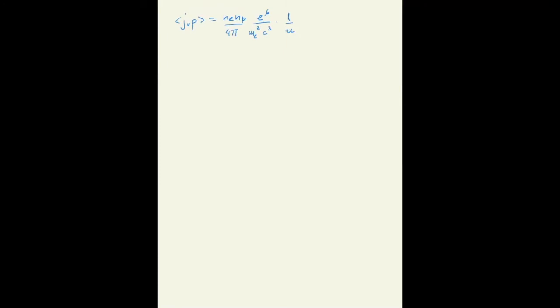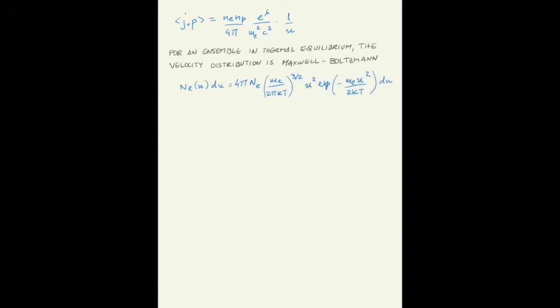If we are in thermodynamical equilibrium, then the number density of particles with velocity between u and du is going to be given by the Maxwell-Boltzmann distribution. And the Maxwell-Boltzmann distribution is, so an electron with velocity 0 should contribute an infinite emissivity according to this equation. But as you can see from the Maxwell-Boltzmann, the number of such electrons is going to be very, very low, so the emission will be finite.